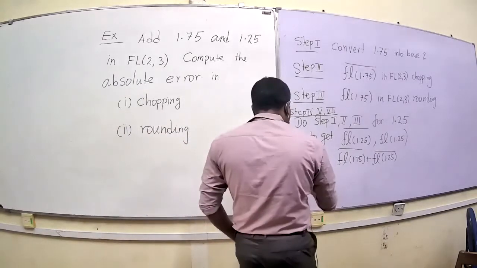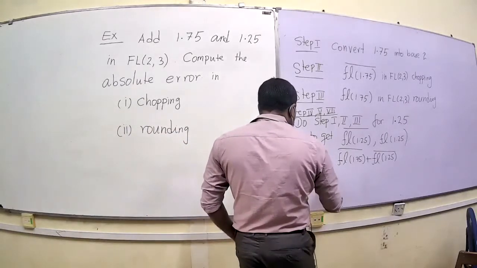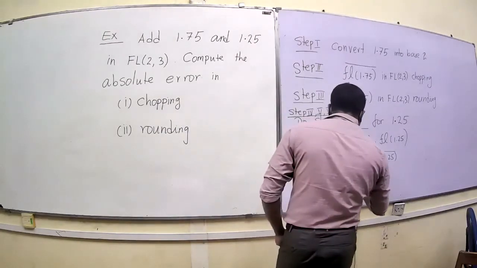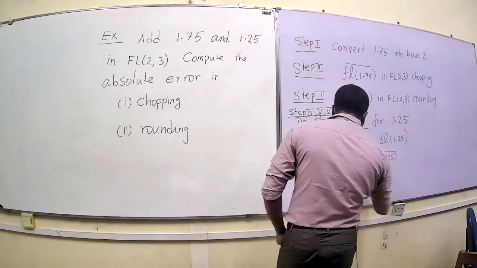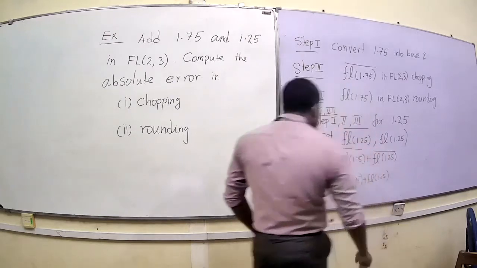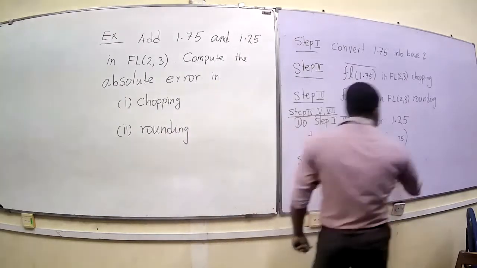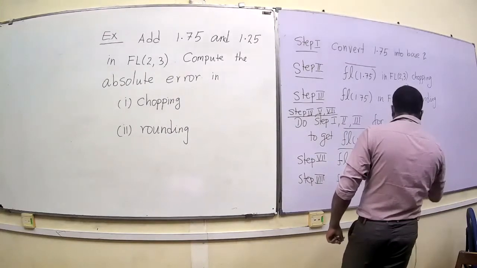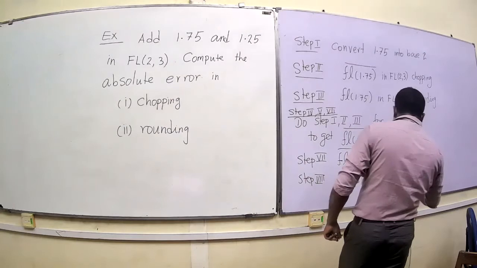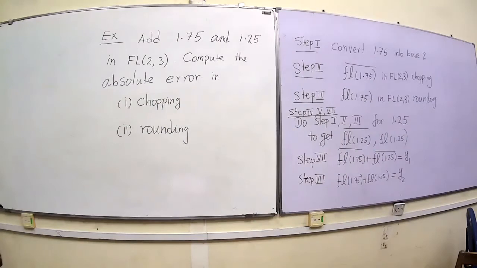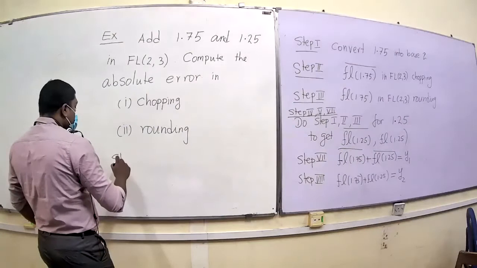And then next step, you do it for rounding, right? So let me name this as Y1. Let me name this as Y2. Right? So after finishing step 1 up to step 8, then what you do is step 9.